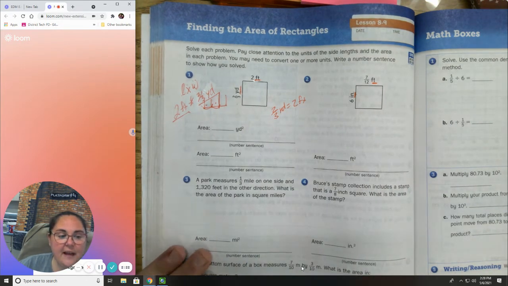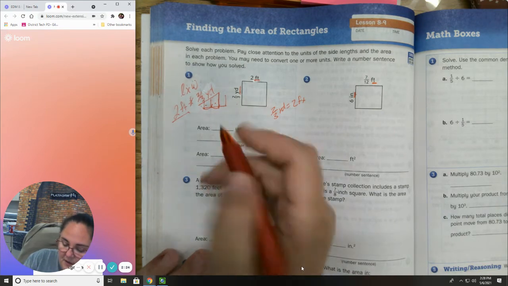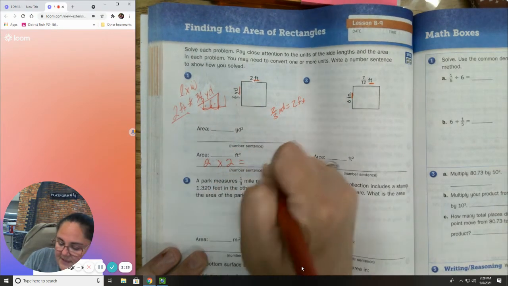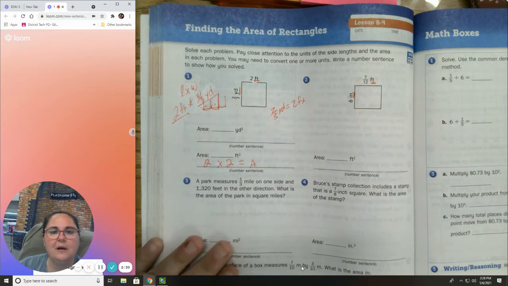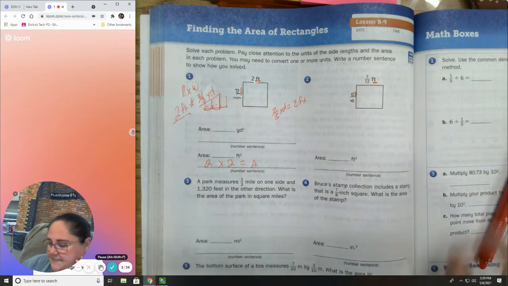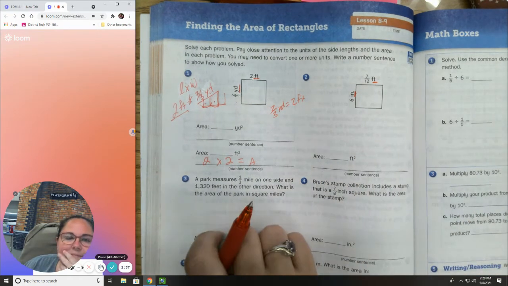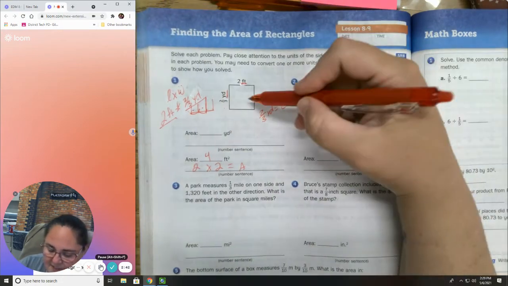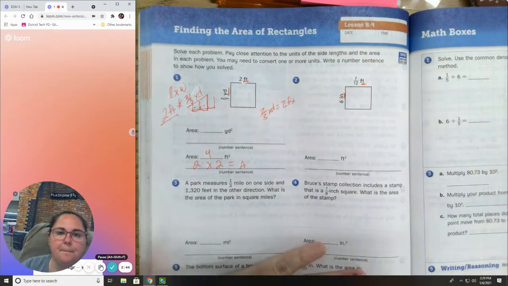So let's find our area in feet first. 2 times 2 equals A. Well, 2 times 2 is 4. So the area of this is 4 feet squared.